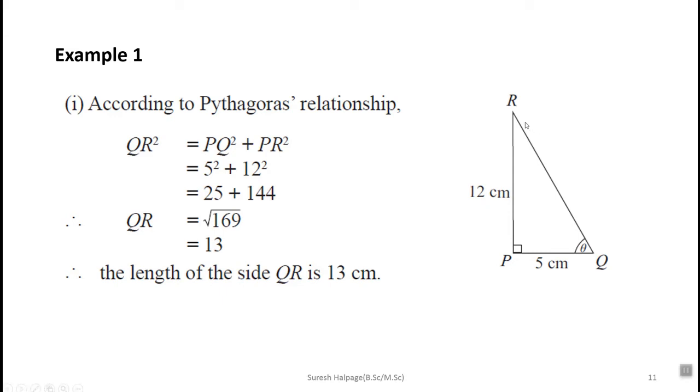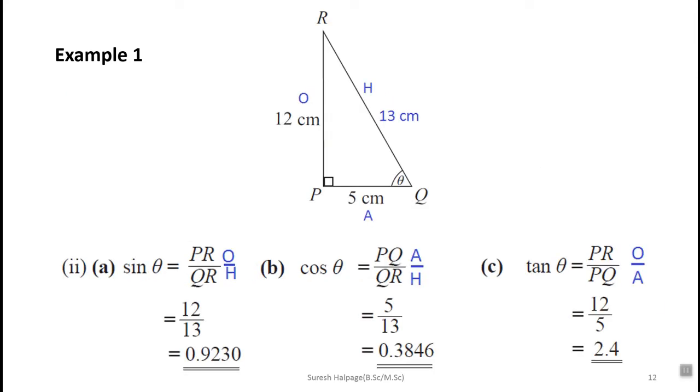So QR square is going to be equal to PQ square plus PR square. We know that from Pythagoras theorem. QR equal to 13 centimeter.